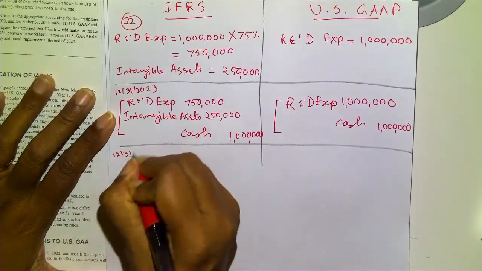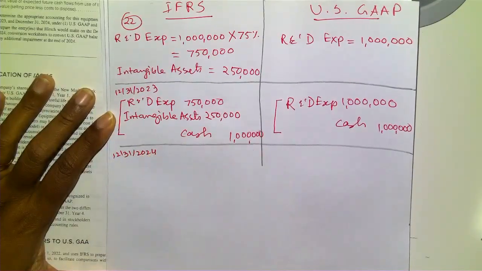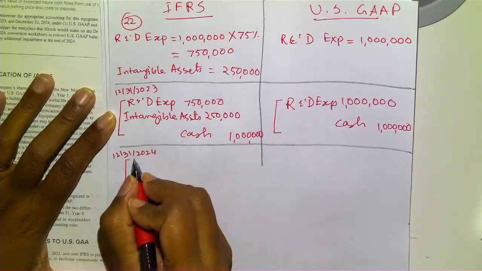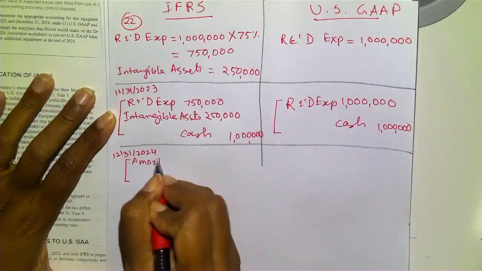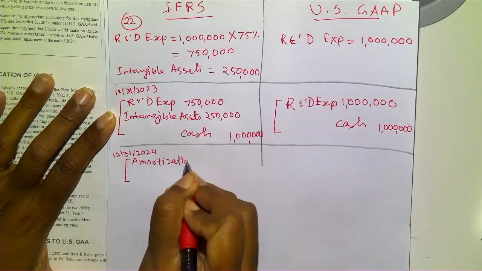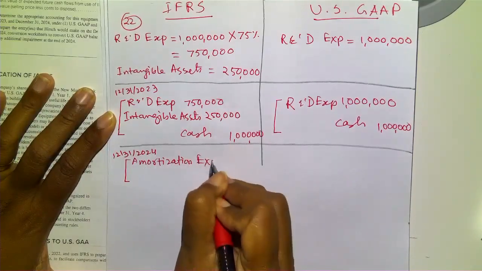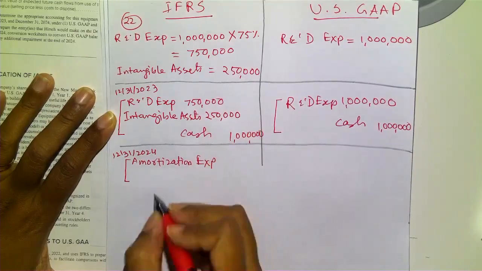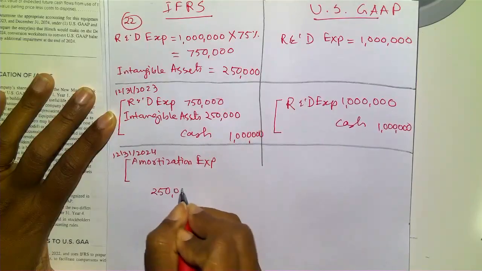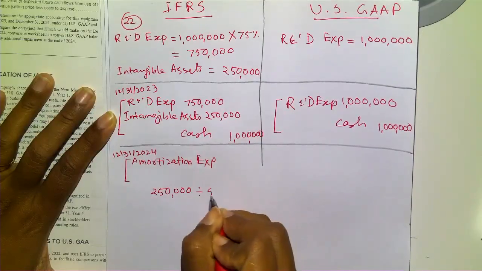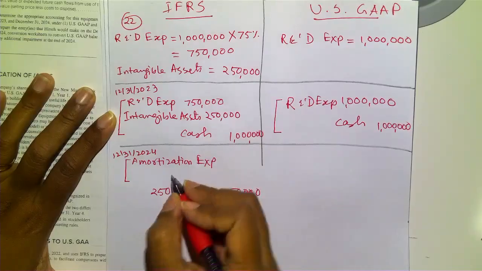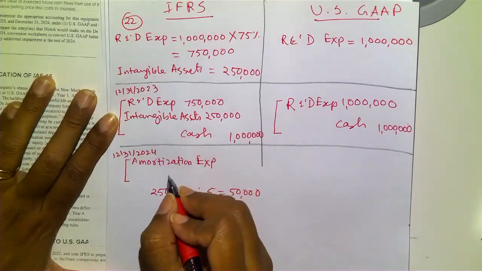So December 31st, 2024, they will record amortization expense. How much? 50,000. Yes, 250K, I'm writing it here. 250 divided by 5 is 50,000, and you can directly credit intangible assets or deferred cost.